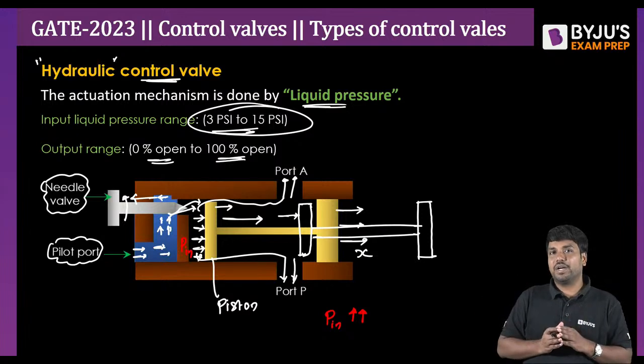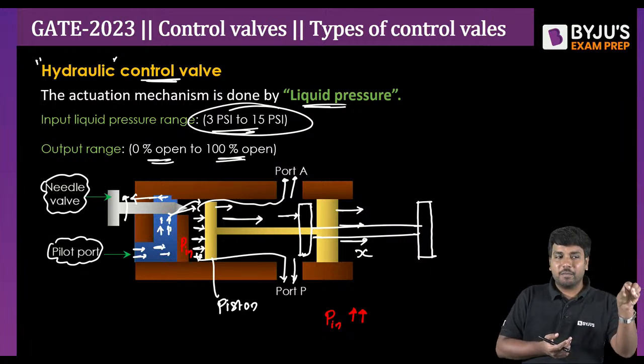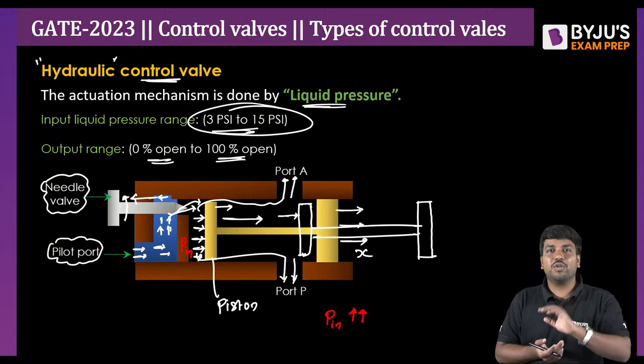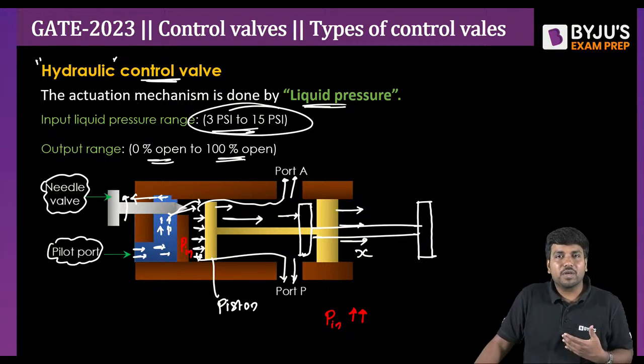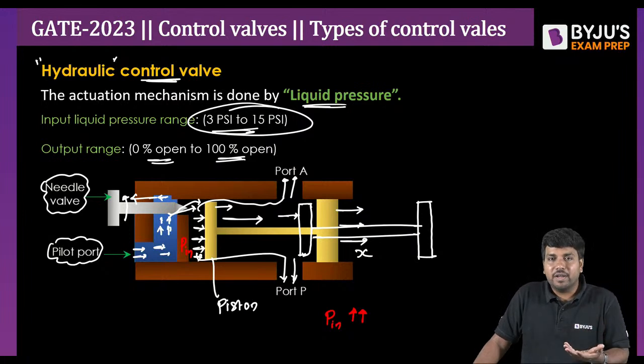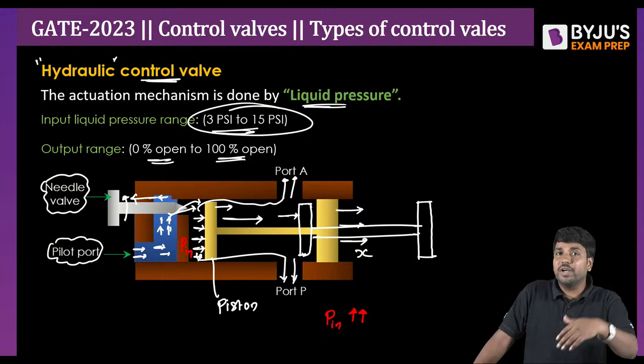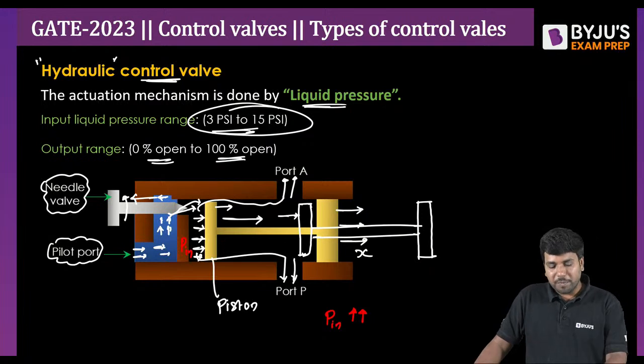And most importantly, in the case of pneumatic valves, we have to purify the air before supplying it onto the diaphragm. In the case of liquids, we don't face so much of a problem because getting a purified liquid is comparatively easy compared with air. Clear? So maintenance is comparatively less in the case of hydraulic actuators.